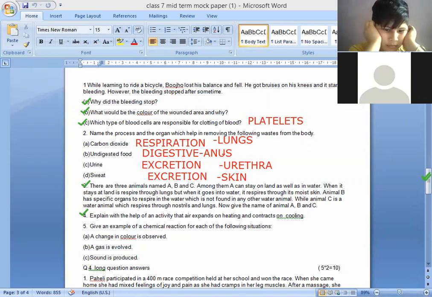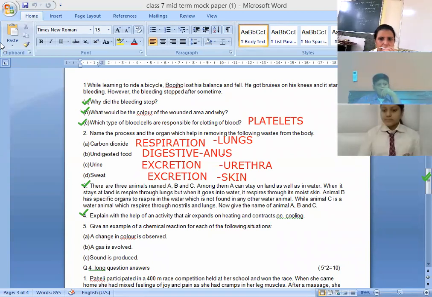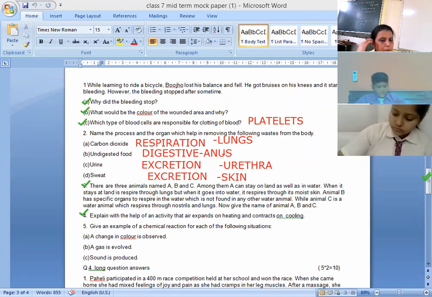Because the hot air rises up and the cold air does not rise up, it goes down. The hot air is lighter than the cold air. The page number is 84 and the activity is 8.7.